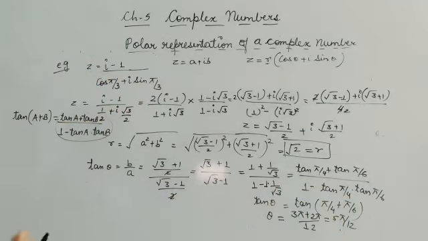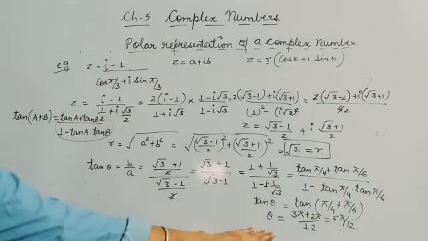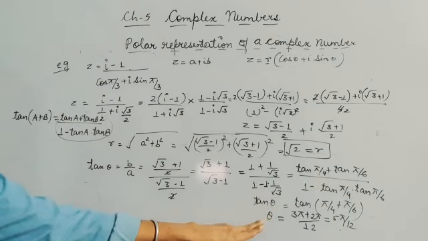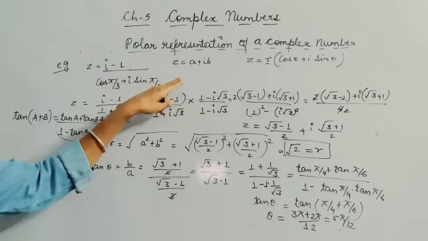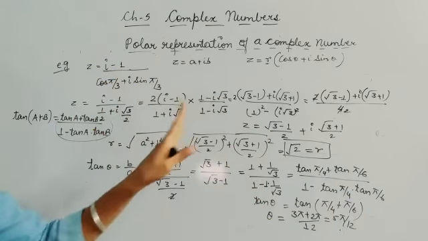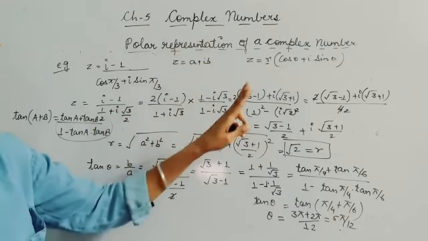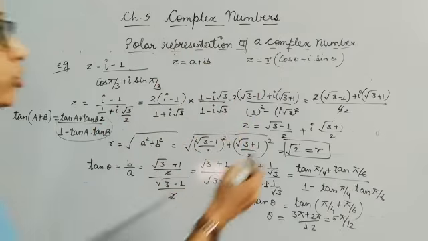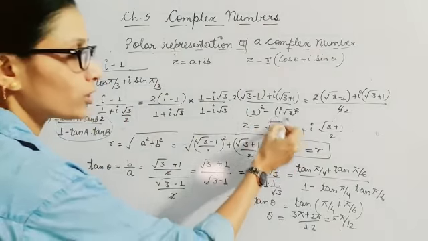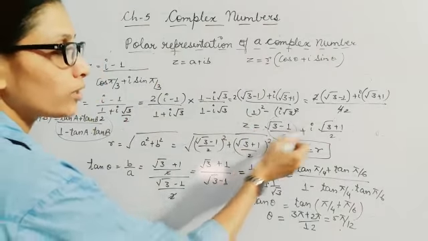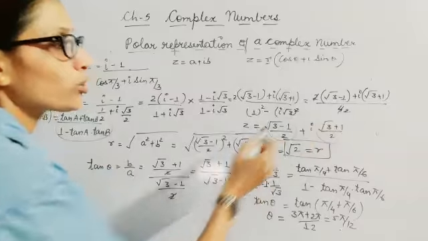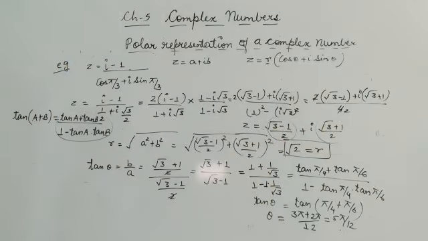Now before writing this theta, you need to see in which quadrant the complex number is lying. So here the real part is positive, and this imaginary part is also positive, that means it is lying in the first quadrant.